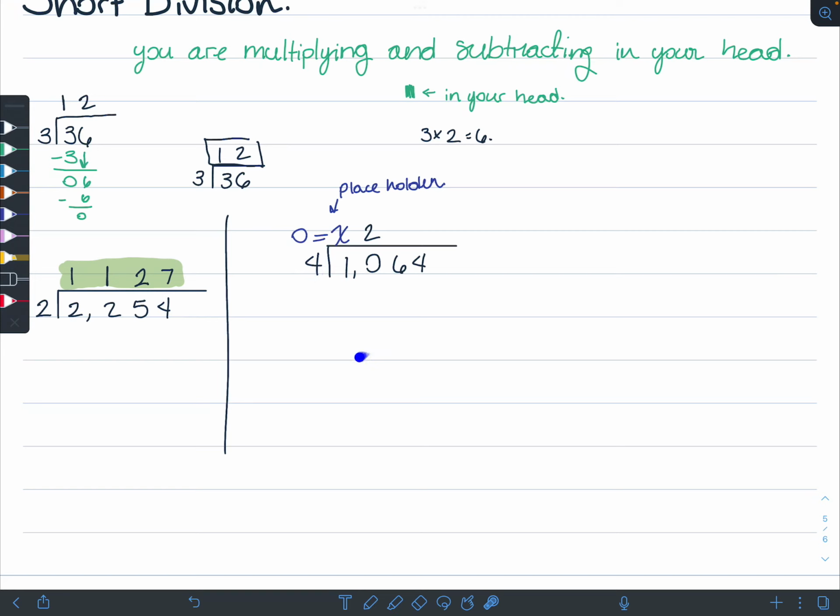How many times can 4 go into 26? We need to find a number where 4 times this number gives us 26, or close to 26, or at least one digit less than 26. Well, 4 times 5 is 20.